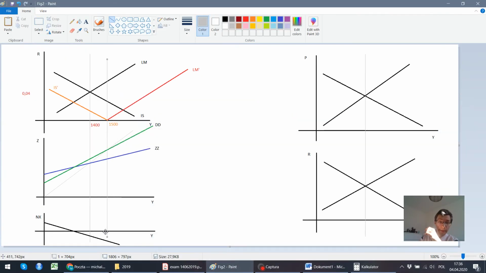So we know that in the new equilibrium, the net exports curve will be crossing the new equilibrium point at the level of 0. And this, of course, determines the location of the new ZZ and DD curve, which I'm going to depict immediately. Of course, the equilibrium point is the crossing between the ZZ curve and the 45 degree line. It is exactly here.